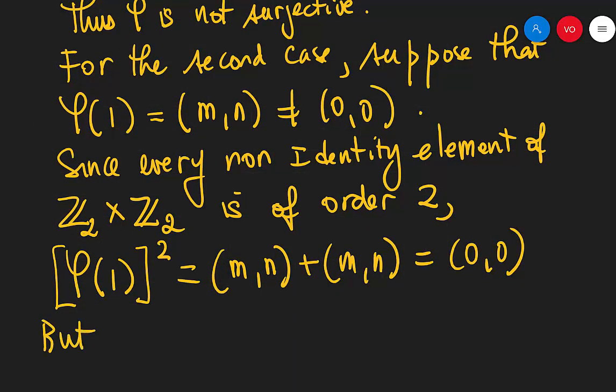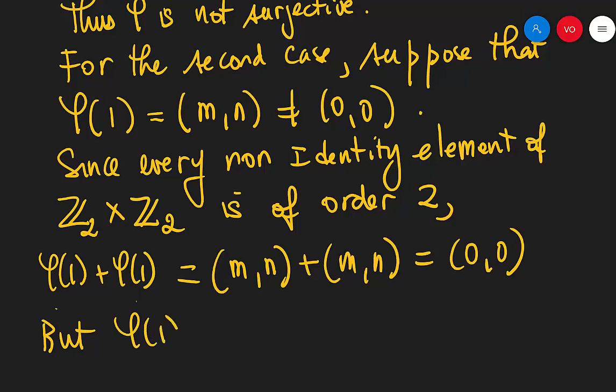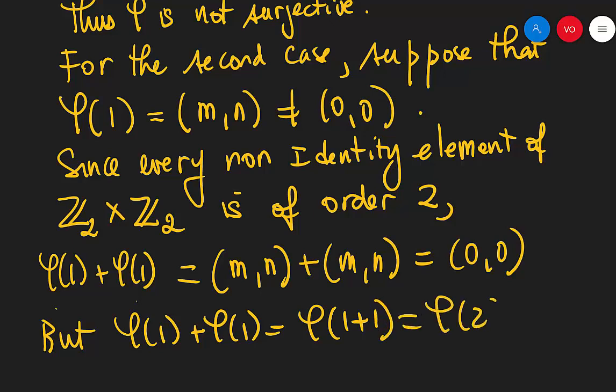But we'll think of this here as phi of 1 plus phi of 1, right? But phi of 1 plus phi of 1 is phi of 1 plus 1, which is phi of 2.